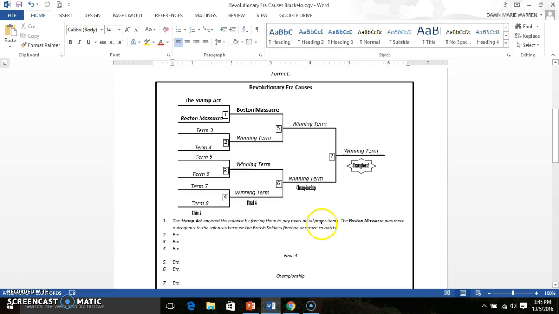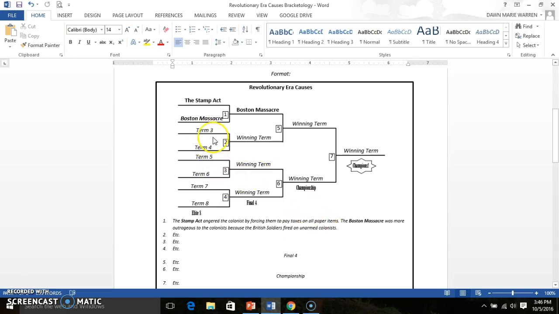Okay, that gave me information about the Stamp Act. I have shown my teacher that I know what the Stamp Act is. The second sentence explained the Boston Massacre. The Boston Massacre was more outrageous to the colonists because the British soldiers fired on unarmed colonists. Fact. Boy, that sentence is perfect. You get full credit for that.